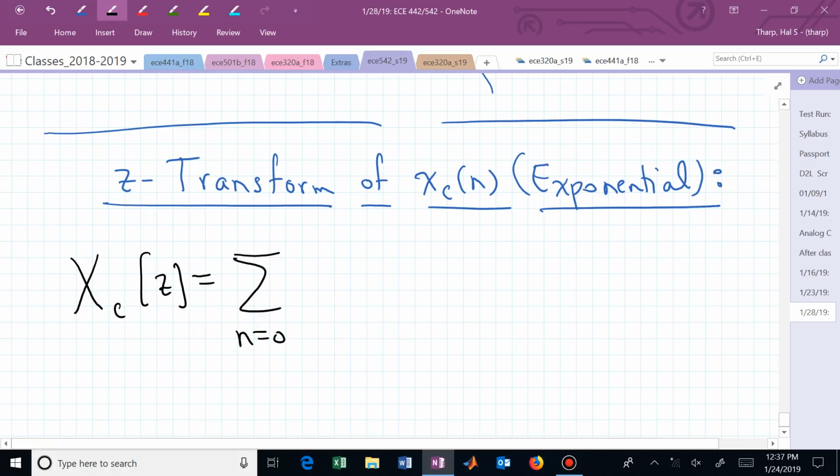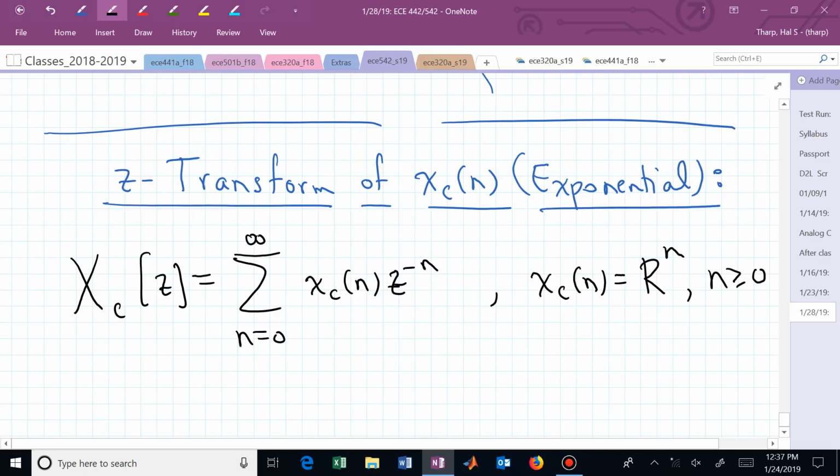This is n equals 0. We know we're starting to have non-zero values for little x sub c of n for n equal to 0 and bigger. Here is now x sub c of n, z to the minus n, where x sub c of n, again, is this exponential, which is thought of as r raised to the n for n greater than or equal to 0.